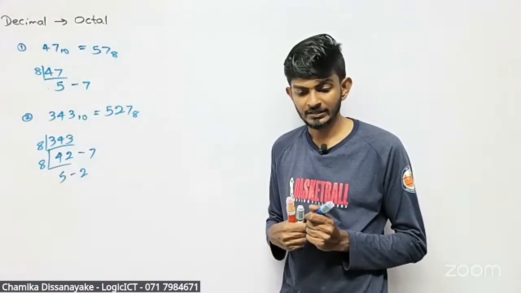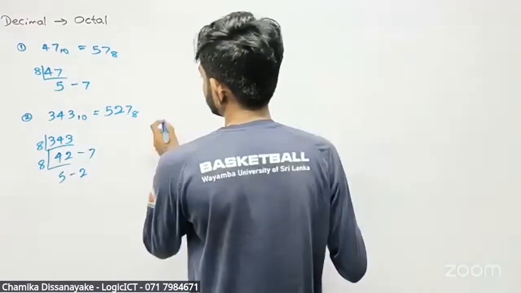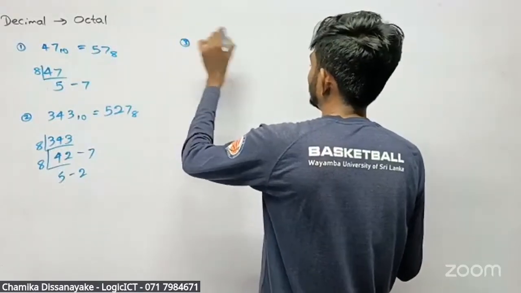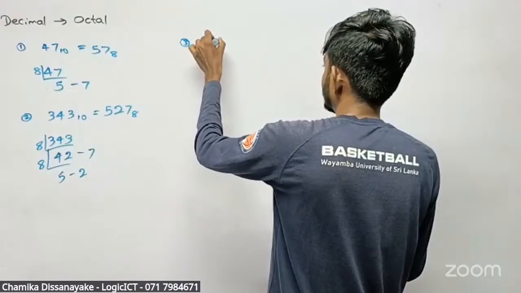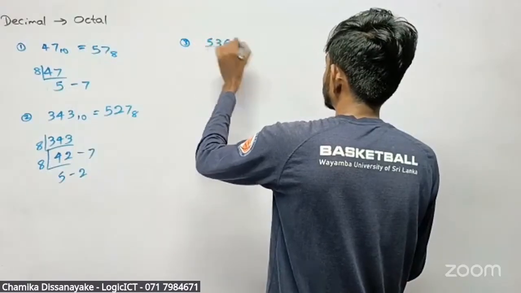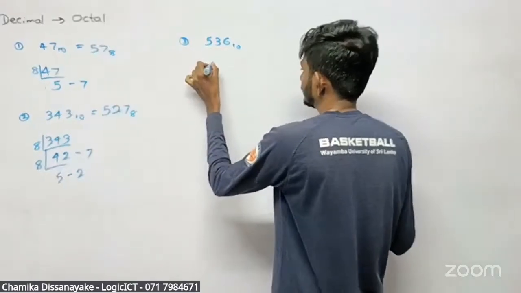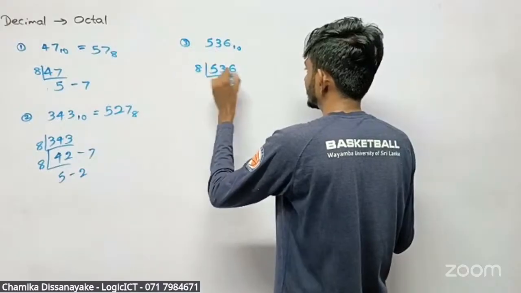Let's do another one, the third one. What will be the number? 536. Let's see, 536 divided by 8.